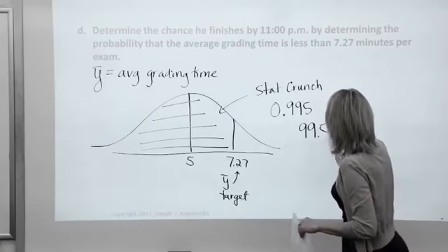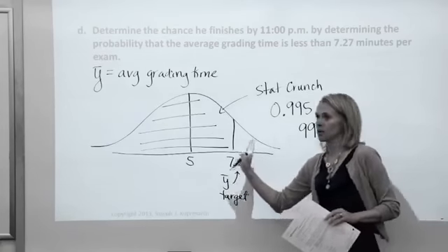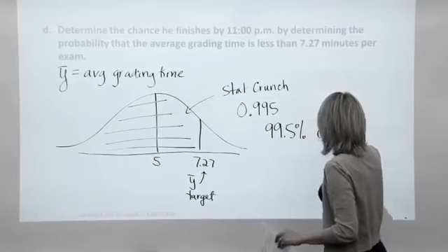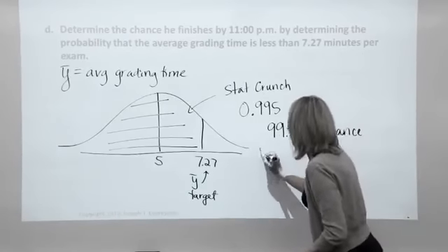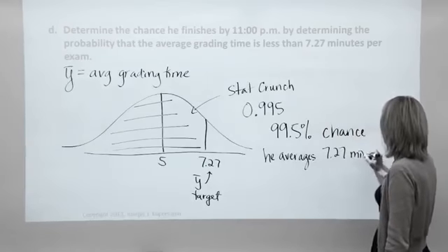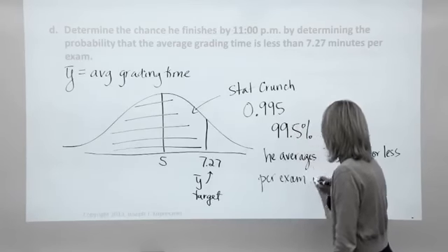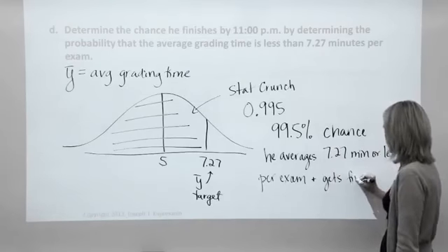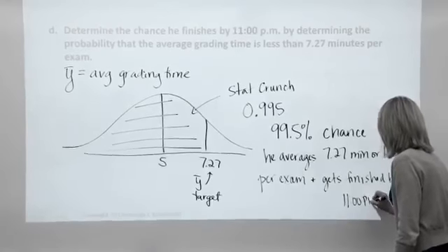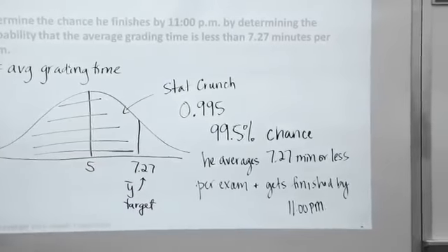There's a 99.5% chance that he's going to average 7.27 minutes or under per exam, which means he gets to go to bed by 11 o'clock. It's finished by 11. Go to bed or watch late night TV or whatever we want to do at that hour there.